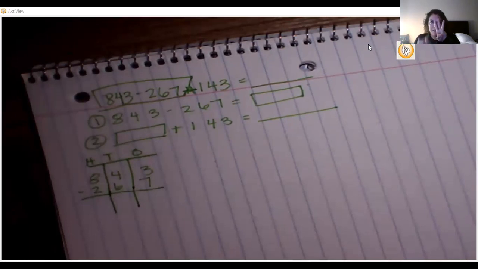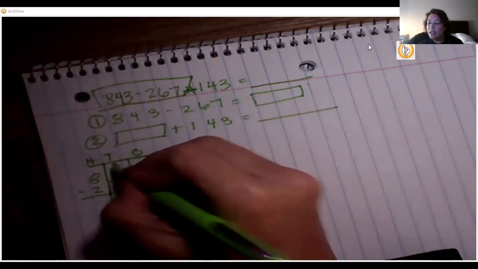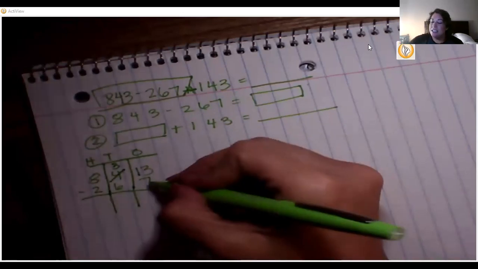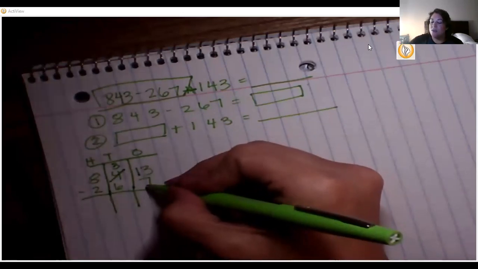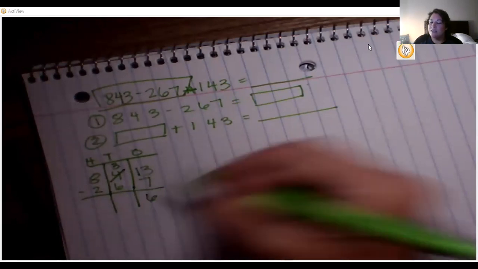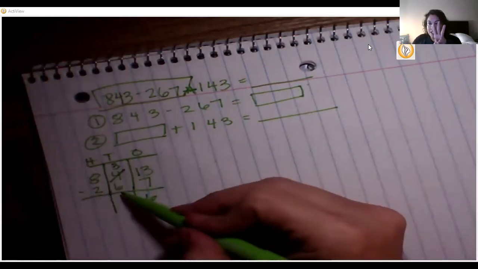If I have 3, am I going to take 7? Not going to happen. I have to regroup. Take 1, add 10. This is a near double. In fact, it's going to be 1 less than a double. 1 less than 7 is 6. If I have 3, can I take 6?